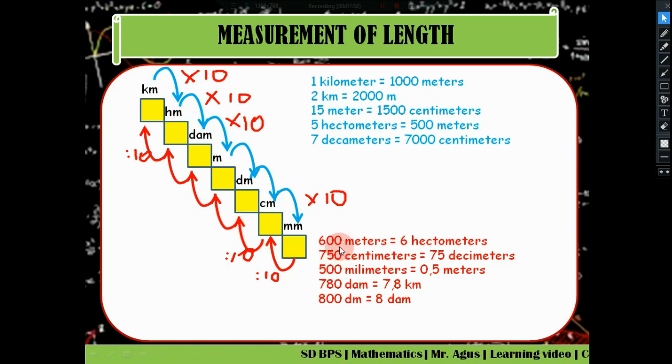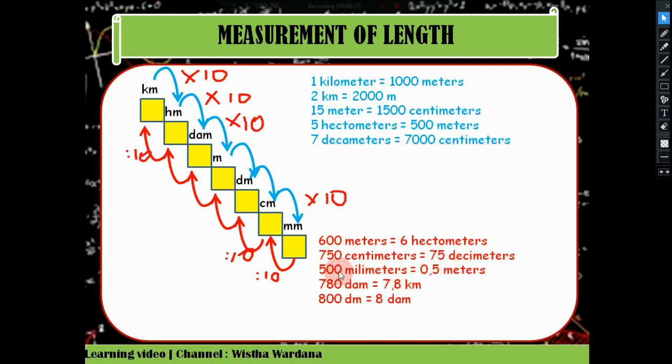If you have 750 centimeters and would like to change it into decimeters, you move up 1 step from centimeter to decimeter. So you divide 750 by 10 and you get 75 decimeters.